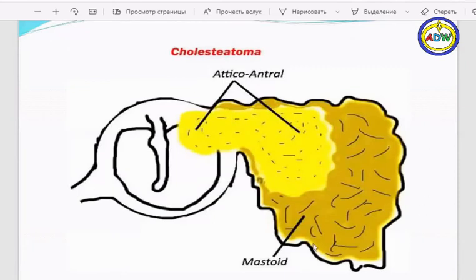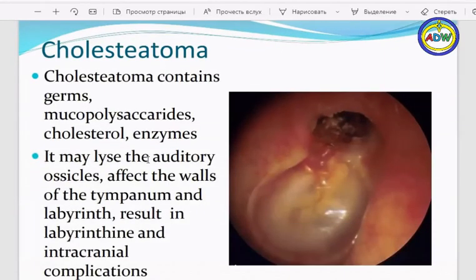You can see this is the mastoid antrum and the attic, and sometimes it is located in the attic and antrum, and in some cases the whole mastoid process is involved. Cholesteatoma is not a tumor; it is skin in the wrong place. It presents as whitish masses.